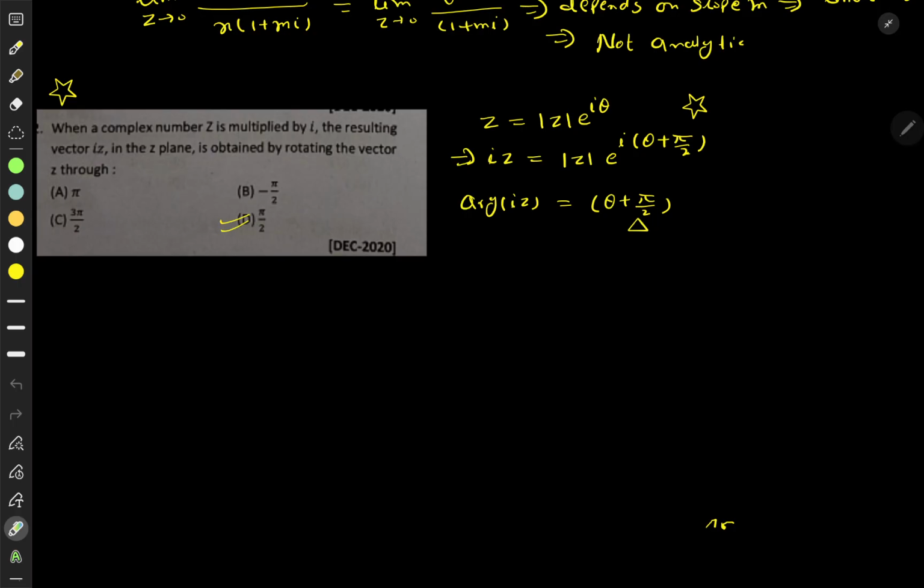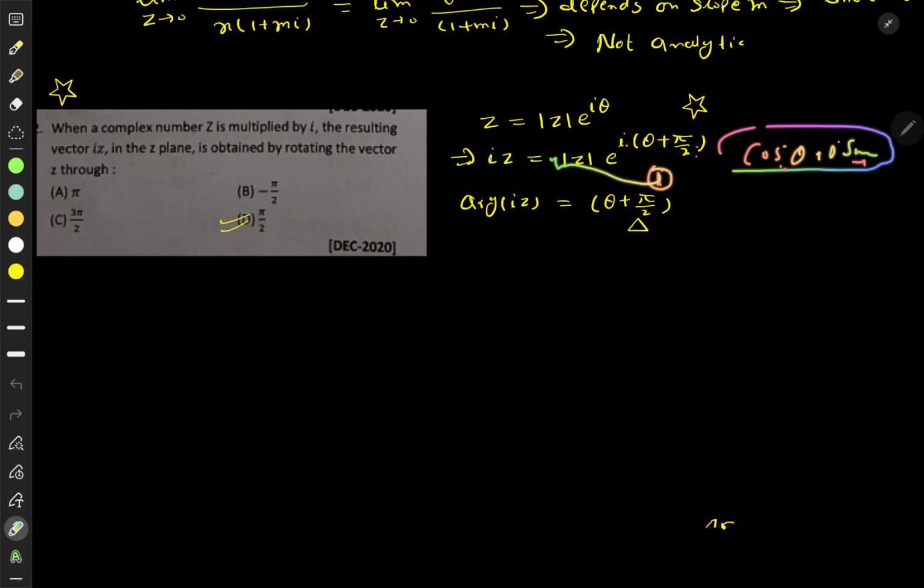So there is a question here. What is it saying? It is a complex number z, and when you multiply it with iota, what will happen? We can write it like this. Why? Because it will expand like cos theta plus iota sin theta. So cos 90 will be 0 and sin 90 will be 1. So it will give you iota.